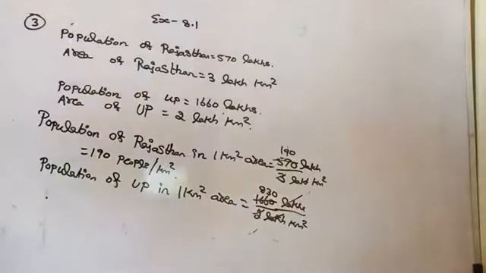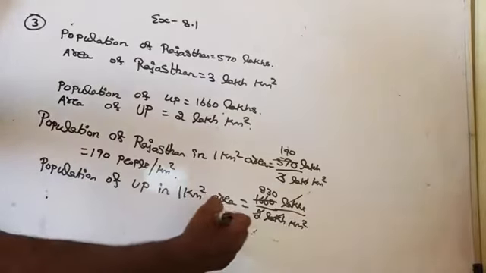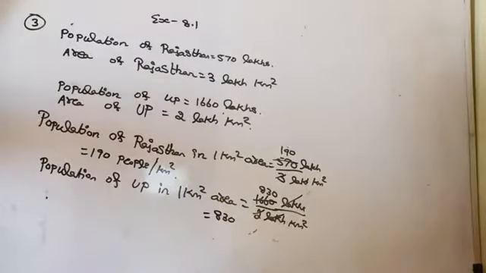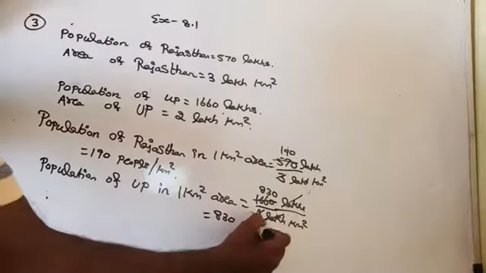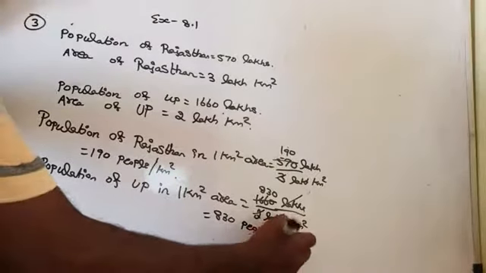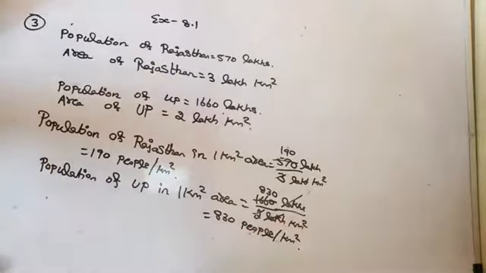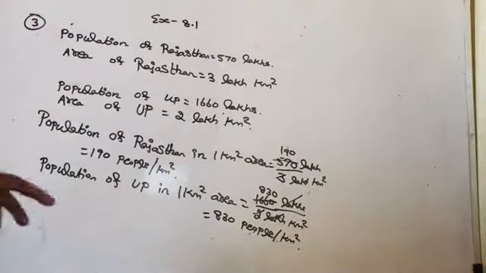So therefore 830 people per kilometer square.